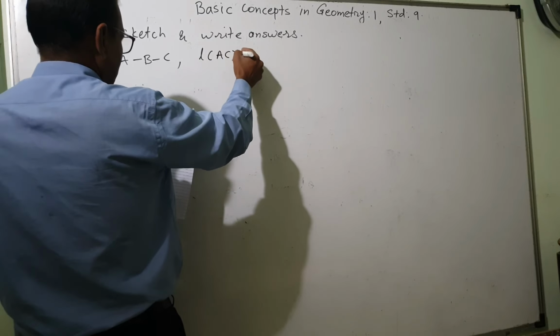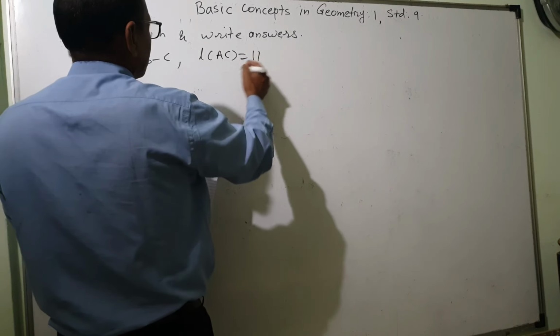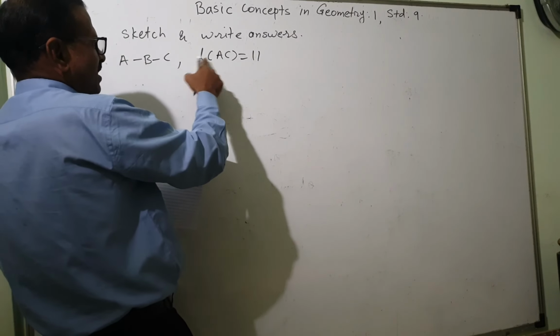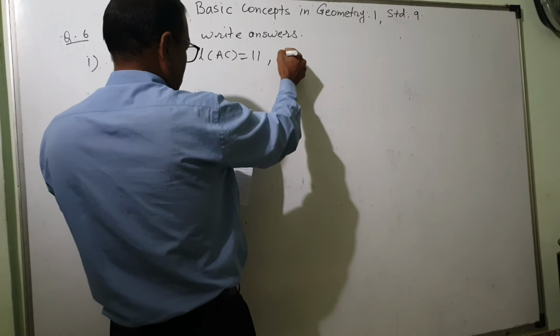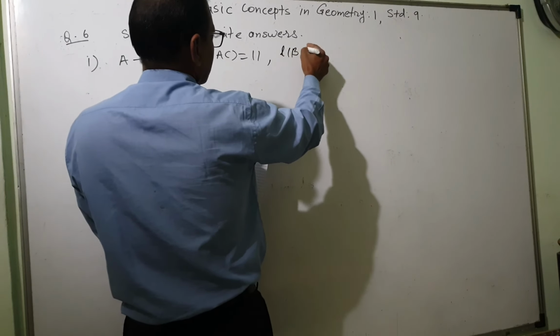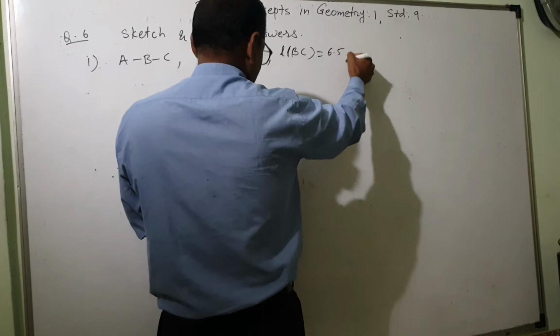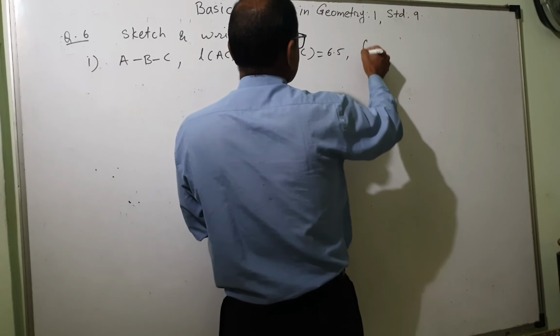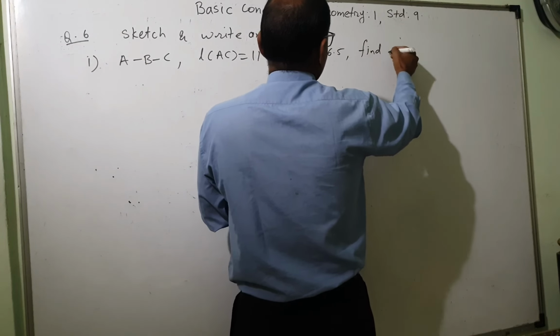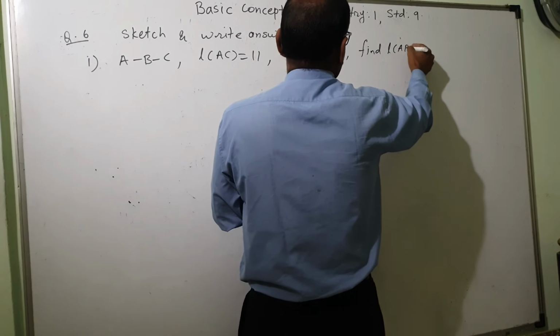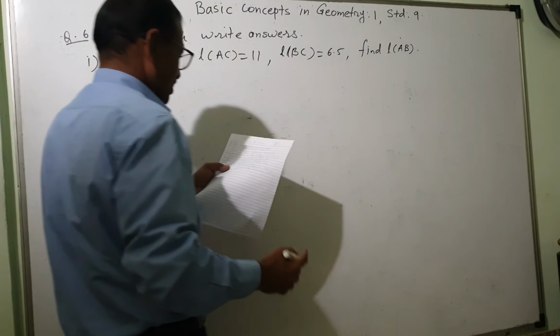Here don't give the comma. Equal to. Here don't give the comma. If you are writing distance, then give the comma. Length BC equal to 6.5. Then find length AB. This you have to find.